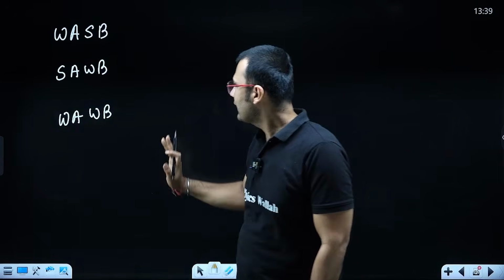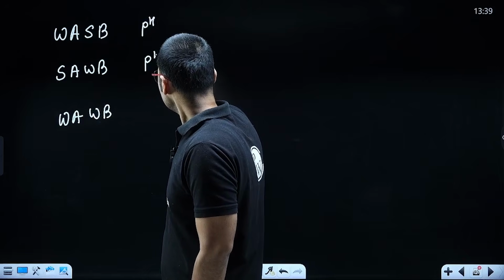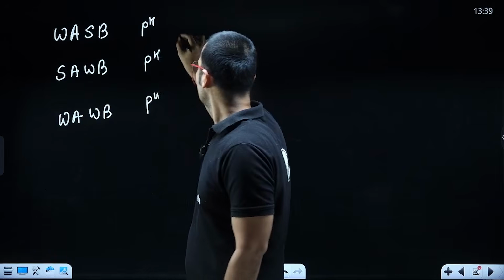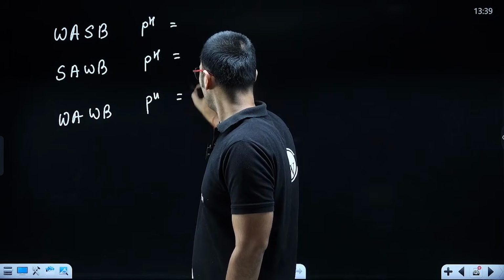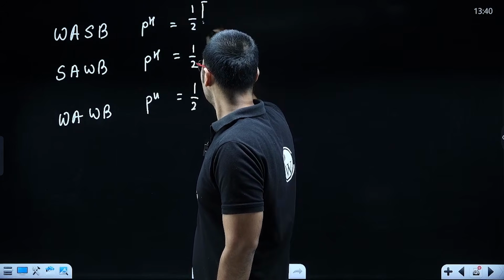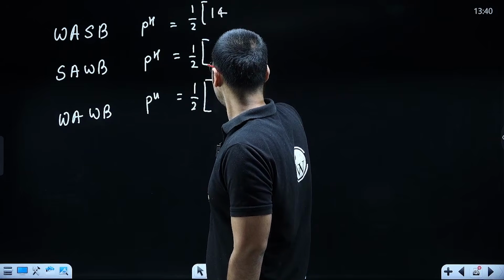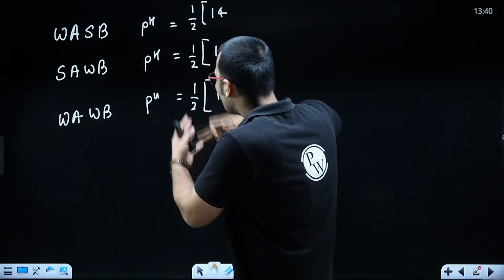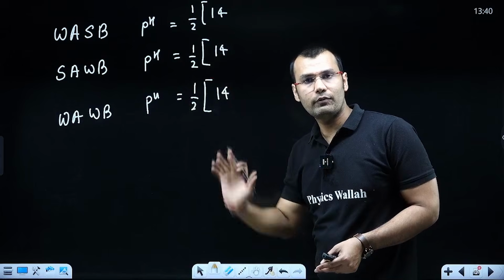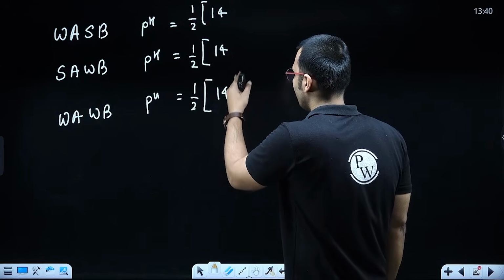So for these three cases, write down like this: pH, pH, pH equals half, half, half, square bracket, 14, 14, 14. So this much is common in the formula of any kind of salt. I memorize it like this: pH equals half, half, half, 14, 14, 14.